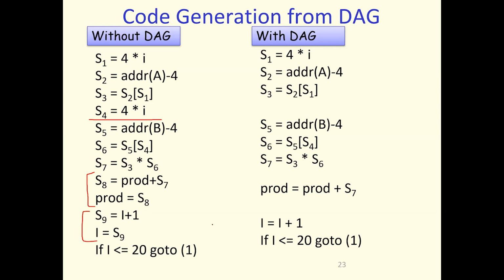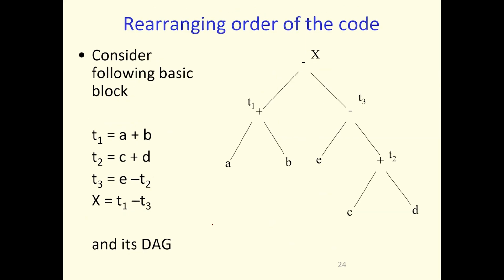Now with a DAG, one of the issues is it will still look at these statements in order, and in some cases it may not give you much benefit in reducing the number of temporaries required. So let's look at an example here. Though I call it a DAG, it's really a tree, and therefore you are not going to get any advantage from common expressions.